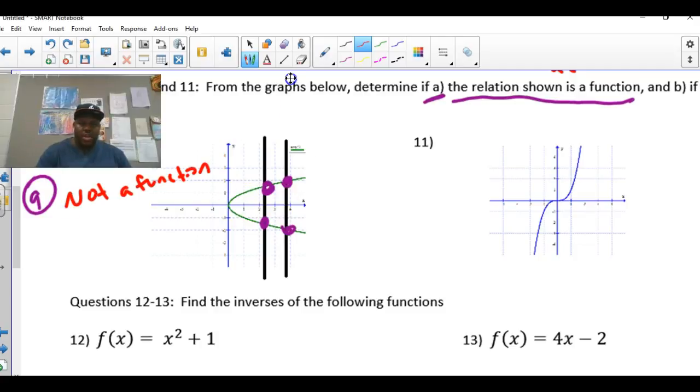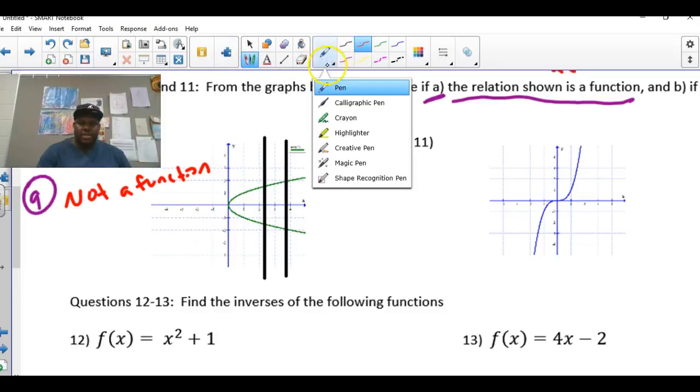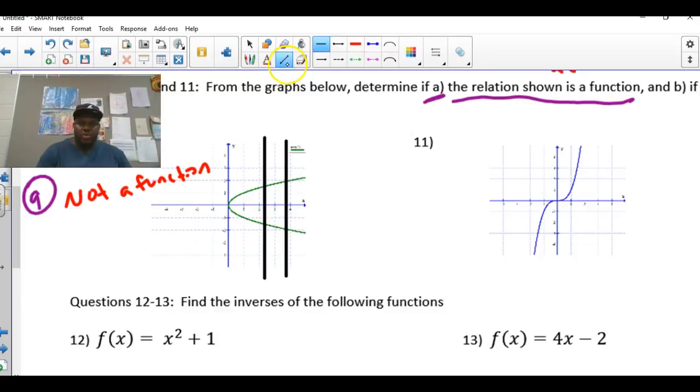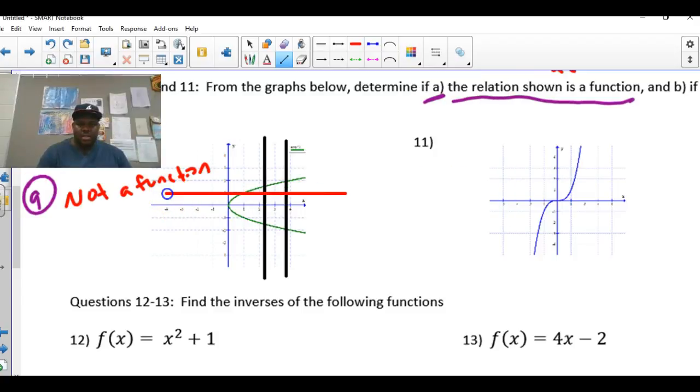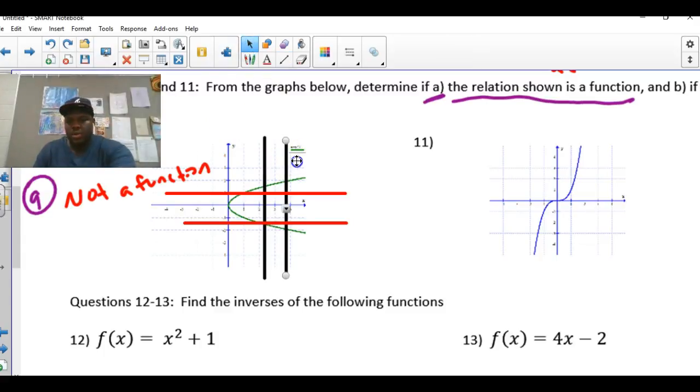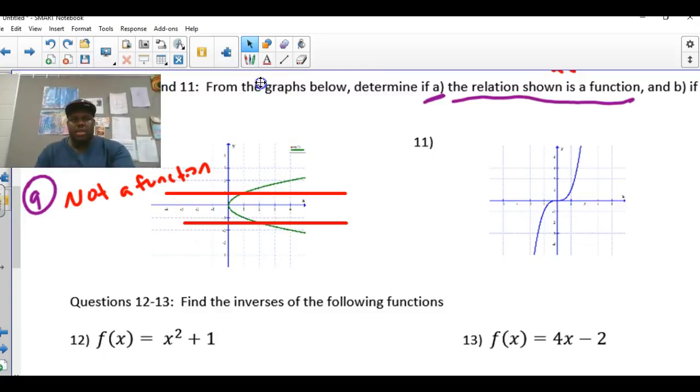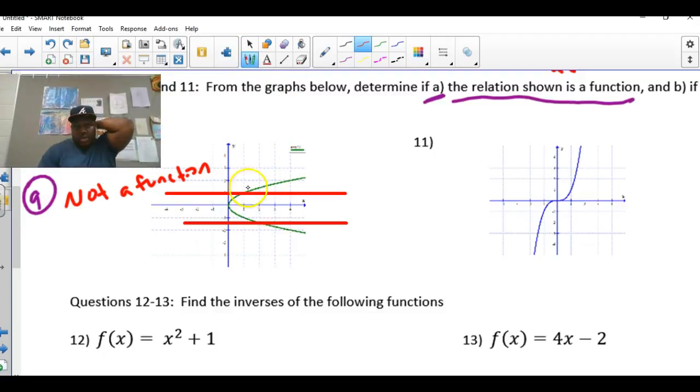It failed the vertical line test, okay? Now, for part B, to figure out if its inverse is a function, you're going to use the horizontal line test. All right, so I'm going to use the horizontal line test like this. As you can see, those lines only cross that function once right there, once right here.